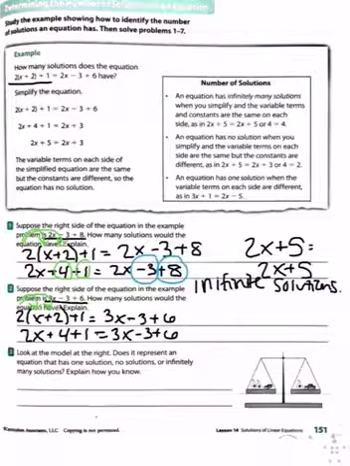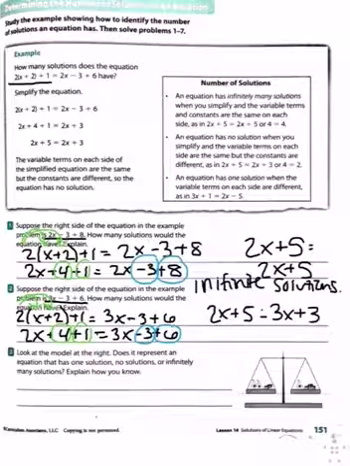I'm going to combine my like terms again, 4 and 1, and I get 2x plus 5. And when I combine my like terms on this side, negative 3 and 6, I get 3x plus 3. Now, since my coefficients, 2x and 3x, are different, I know that I'm going to have one solution.